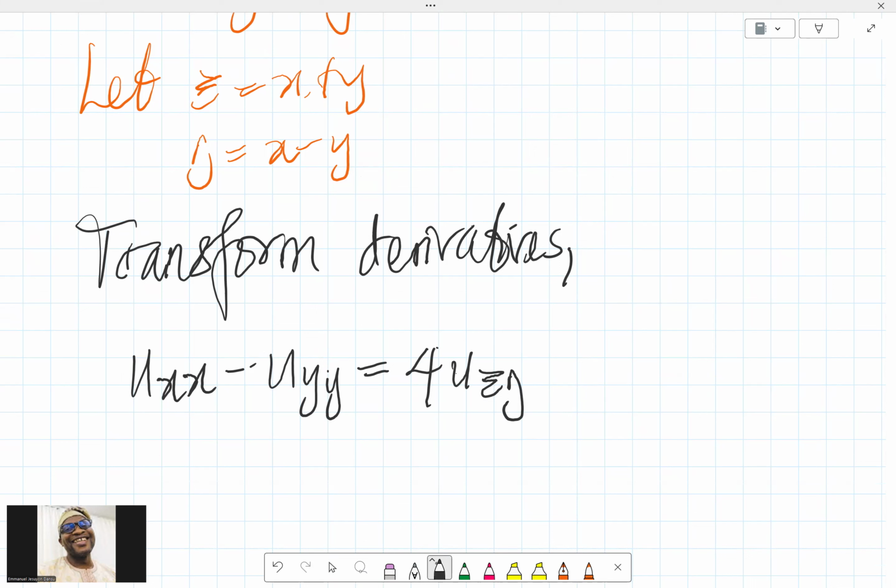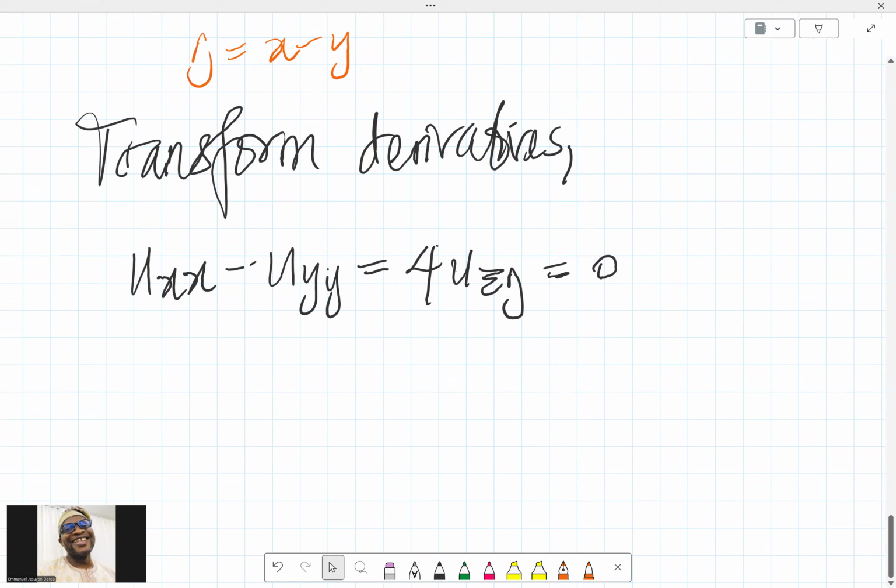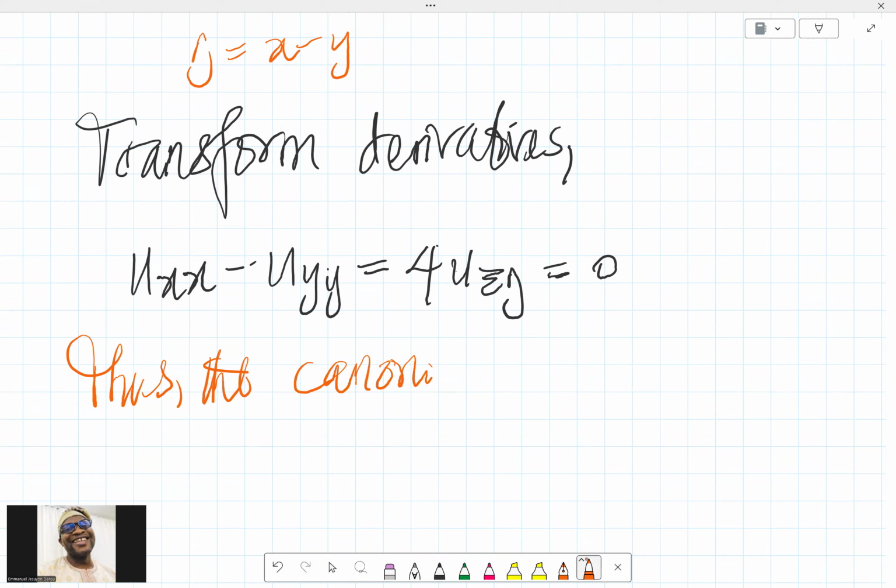In that case, of course, this is equal to 0 already, so we have 4 u_psi_eta. So thus, the canonical form is u_psi_eta equals 0.